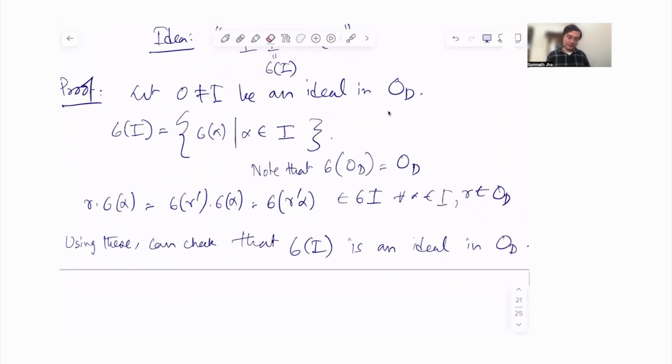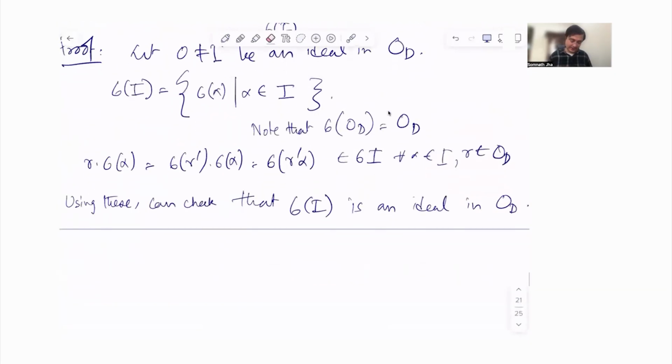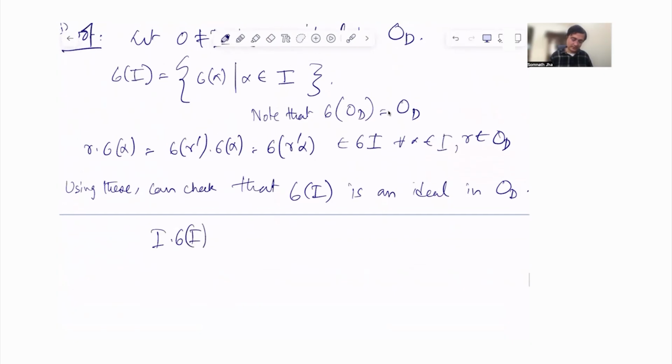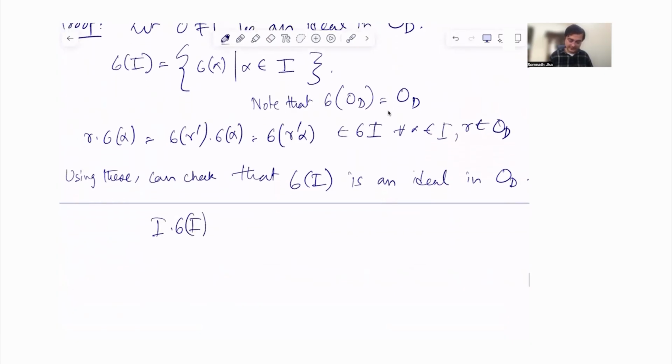So first of all, you define this as an ideal, and now you consider this ideal I times sigma I. Okay, sometimes it is also denoted by I bar.